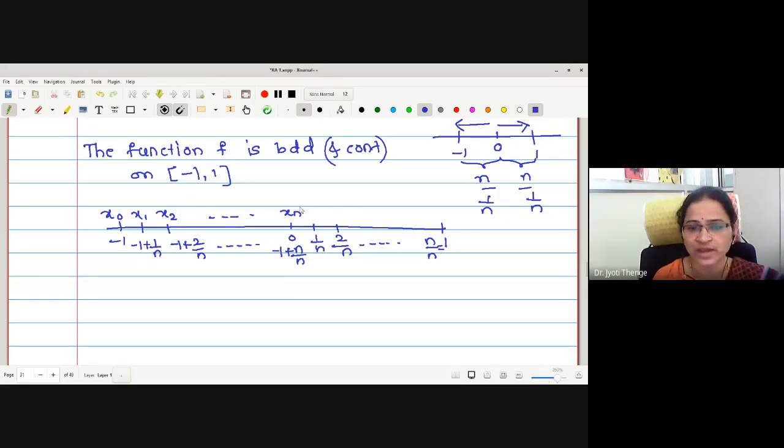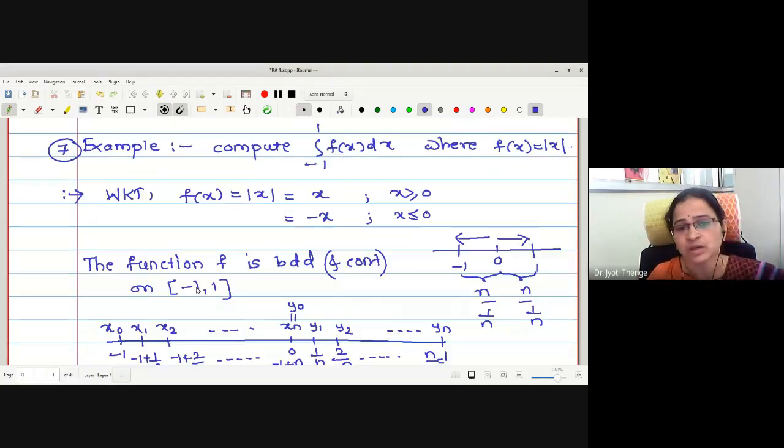This is my first, y0, this is y1, this is y2, and somewhere here let it be yn. This different kind of partition we are doing because the nature of the function is different for non-negative values and for non-positive values.